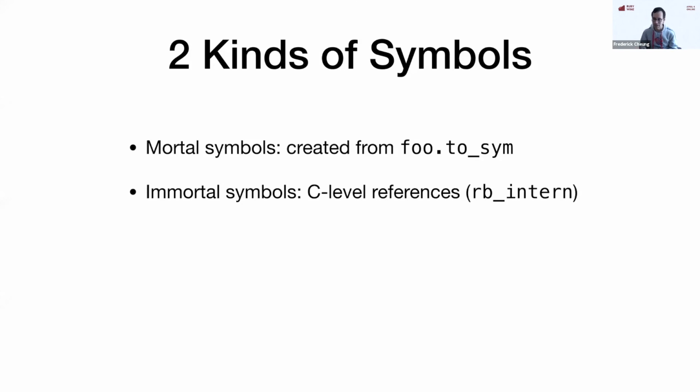And the short version is that Immortal symbols can't be garbage collected. Mortal symbols can be. And defining a method creates an Immortal symbol. So that's where the memory leak comes from. And actually, this is kind of a general pattern in garbage collection problems in Ruby. There's always the C code that makes things complicated.